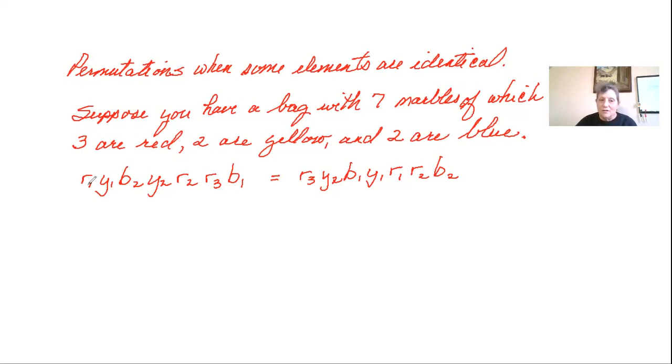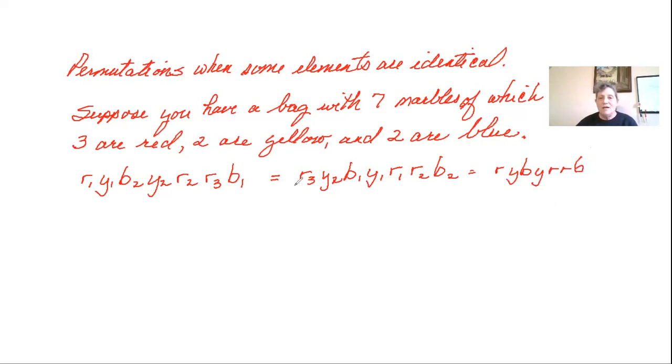So that red 1, yellow 1, blue 2, yellow 2, red 2, red 3, and blue 1 is going to look to us exactly the same way as the third red one, the second yellow one, and so on. It still consists of a red, yellow, blue, yellow, red, red, blue combination.